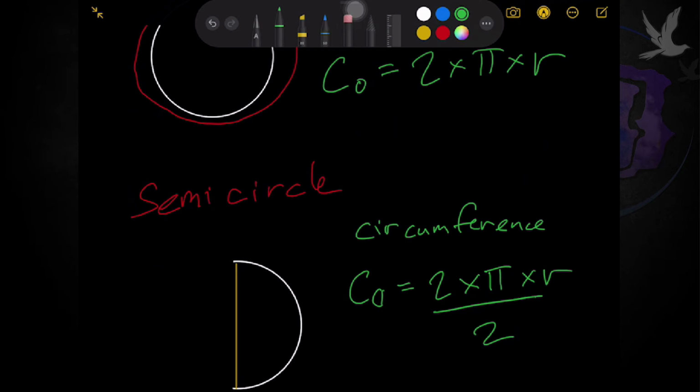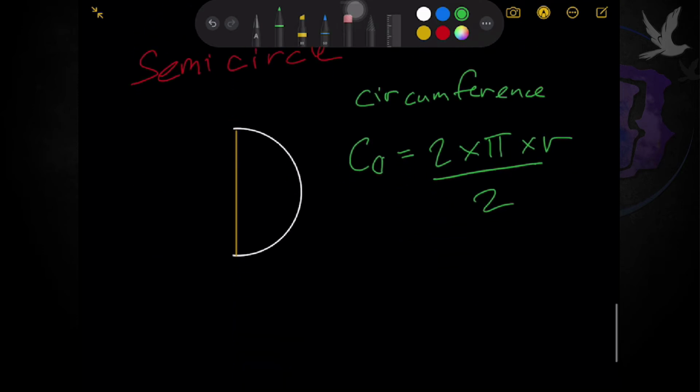Dinidivide lang natin by 2. But, if you were asked to get, ngayon naman, anong color ba? Okay, let's say blue. Pag perimeter na ang pinapasolve sa inyo, okay, balik tayo sa green. Circumference, explaining further, bakit ganyan lang, Teacher Mark?